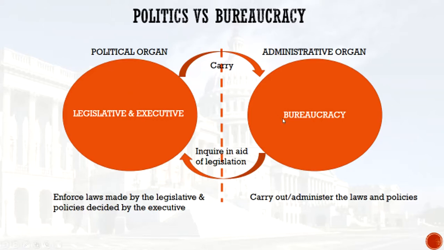Those who carry it out are the bureaucracy, the specialized heads or departments of the government. For instance, the DPWH is part of the administrative organ. The DSWD, your DepEd, your PNP, they belong to the bureaucracy. The policies crafted by your politicians are administered or implemented by your departments.